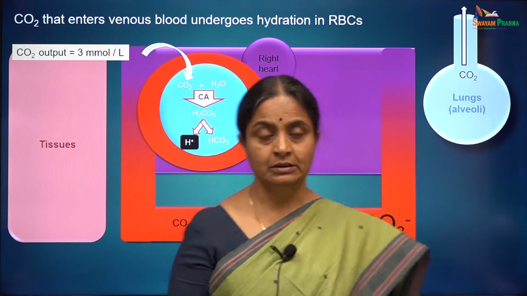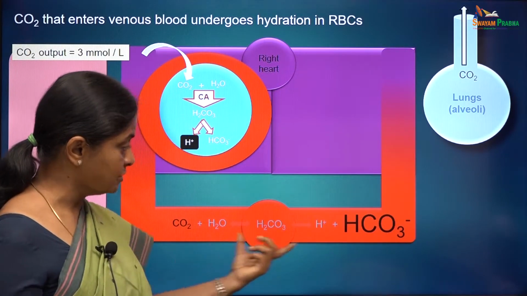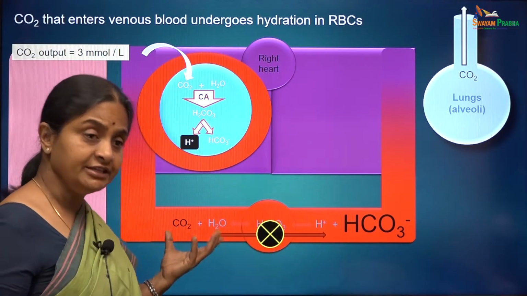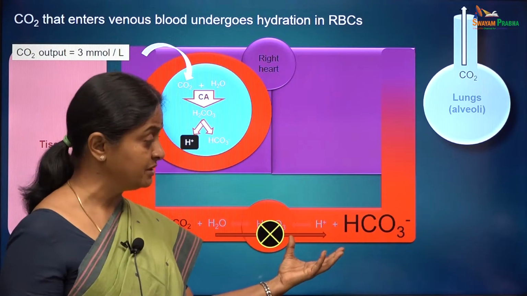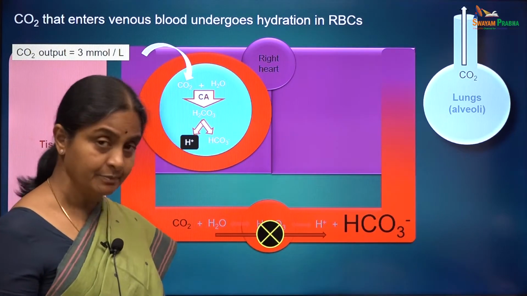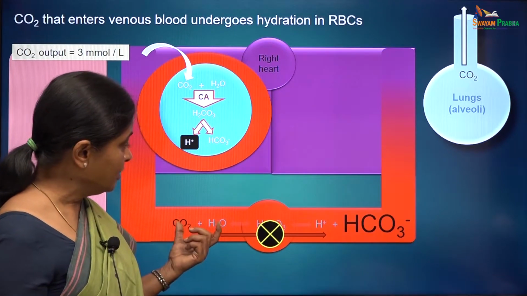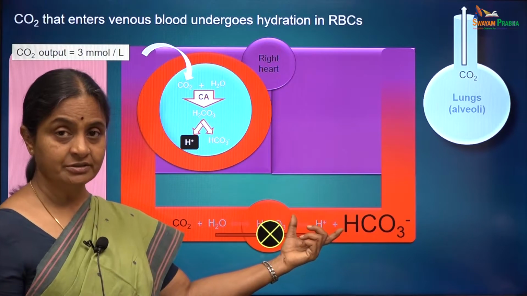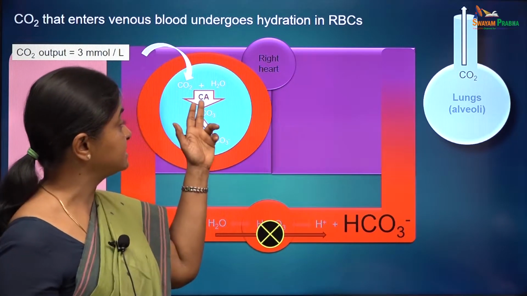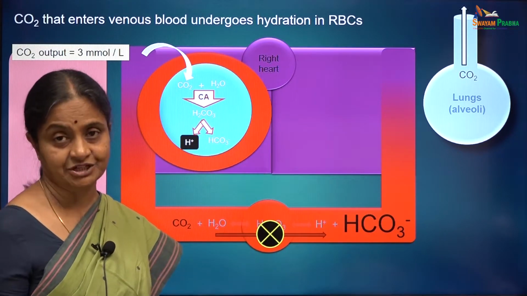If you remember, this forward reaction did not happen in arterial plasma because of the excess of bicarbonate in arterial blood. However, this forward reaction is accelerated within red blood cells because red blood cells have the enzyme carbonic anhydrase, which can facilitate this reaction.